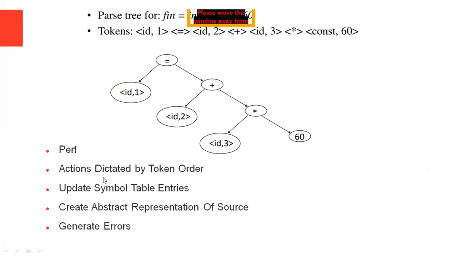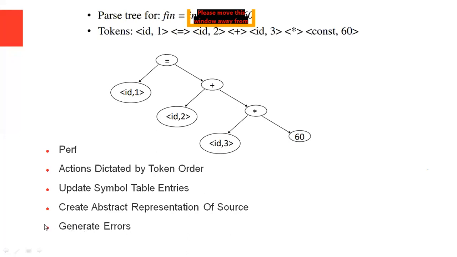So after writing the syntax tree or parse tree, we update symbol table entries. After writing this, the symbol table entries have to be changed, updated, and we create an abstract representation of the source. So creating an abstract representation means abstraction: we are hiding some features, and some features are displayed to the user, hiding the non-essential features. Okay, so that is the abstract representation of source.